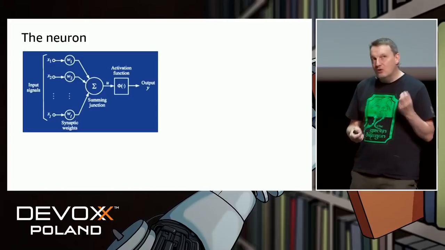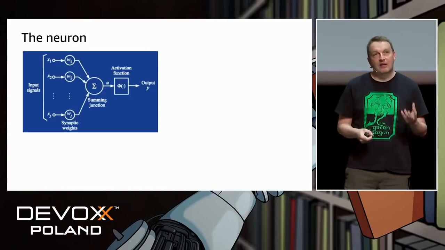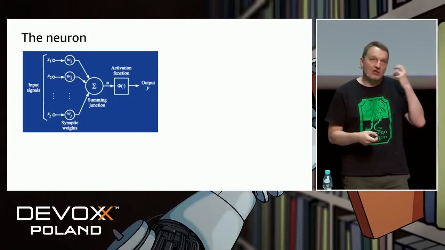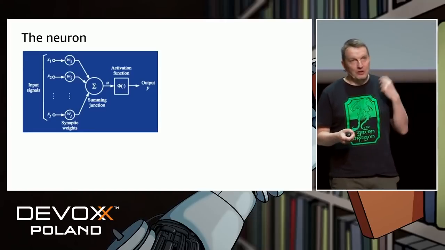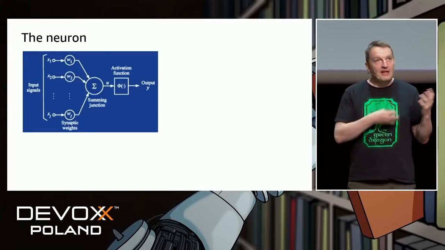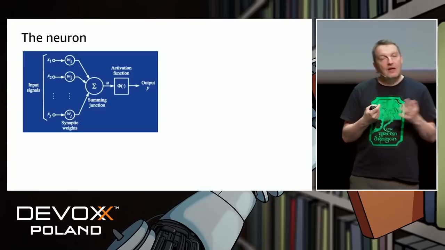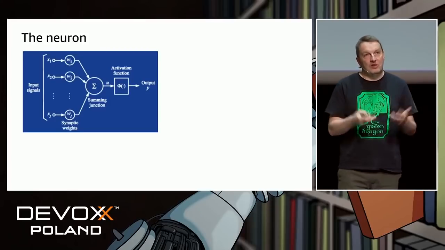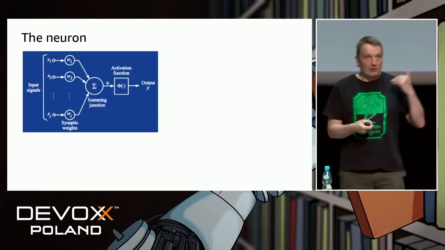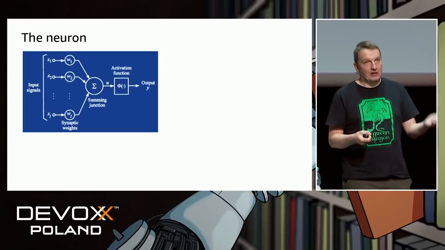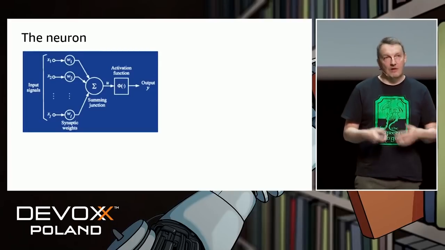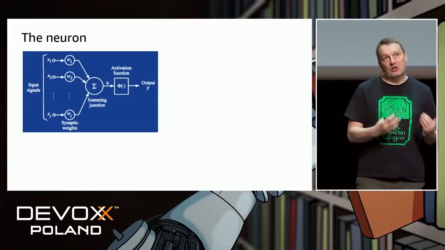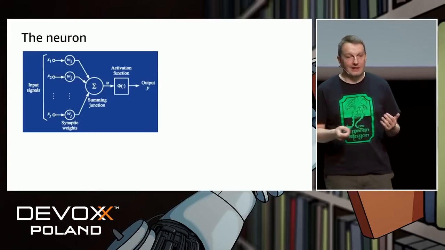And what we're trying to do really is trying to build some kind of approximation of a biological neuron. So what we know about biological neurons is they have inputs, they have connections, and if those inputs are stimulated enough, then the neuron will actually fire. It will emit an electrical current. If it's not stimulated enough, it won't fire. Okay, so we're trying to build something that looks a bit like that.